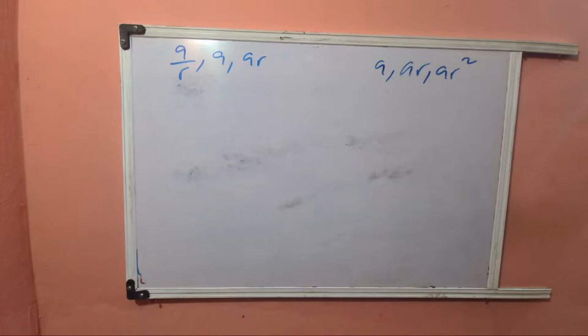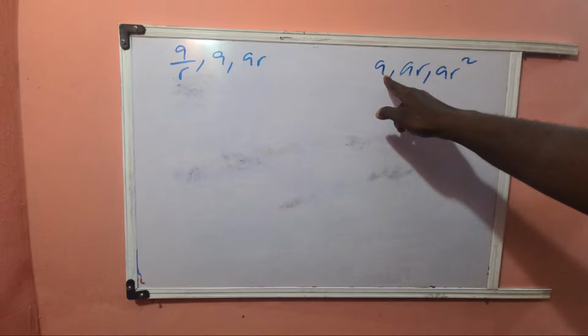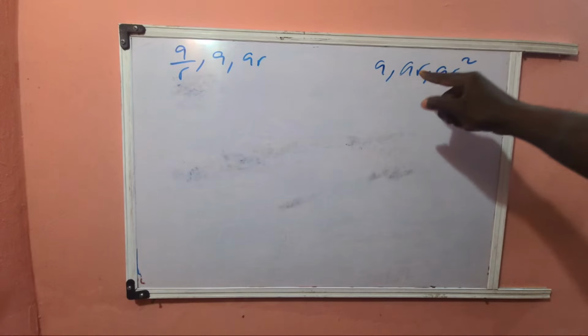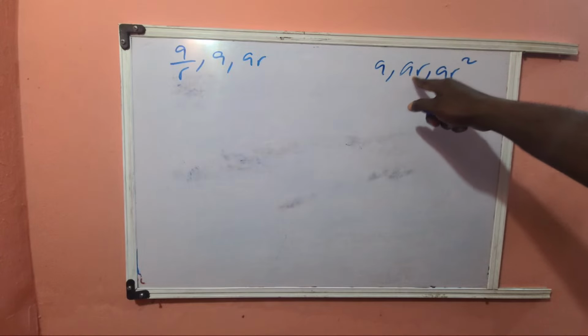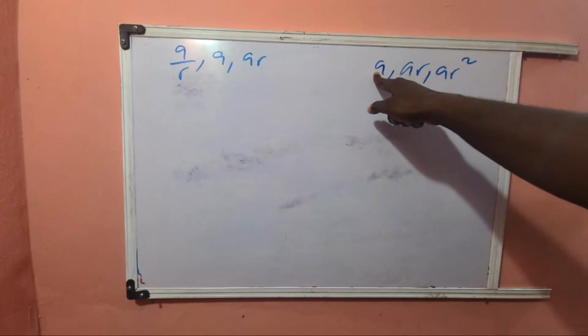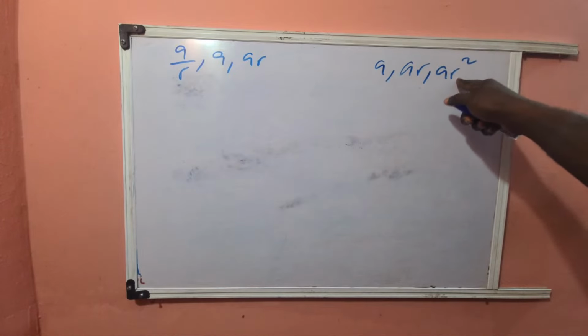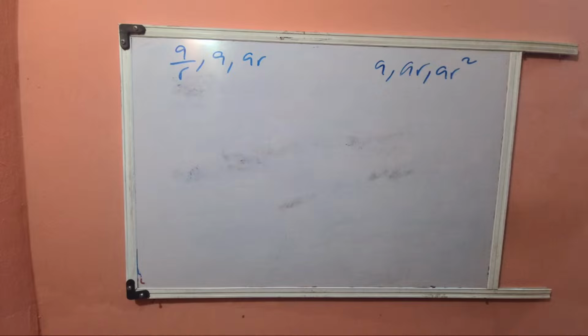So the sum of three consecutive terms. In case you have forgotten, this is the first term here, this is the second term. You know the ratio. The first term multiplied by the ratio, then by the ratio again gives you this. So the common ratio is what makes the difference.